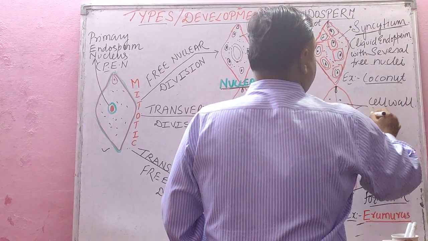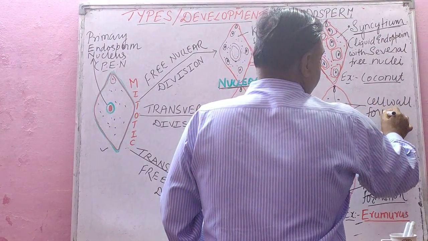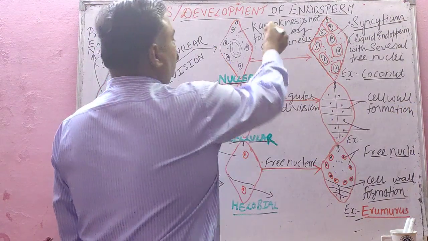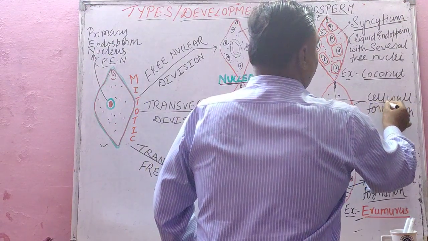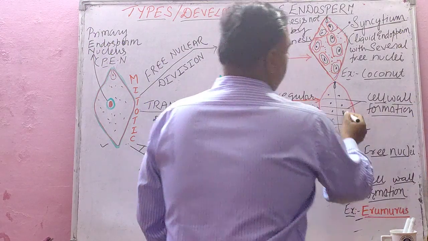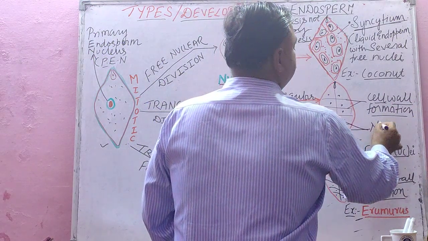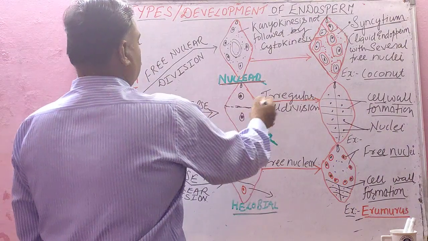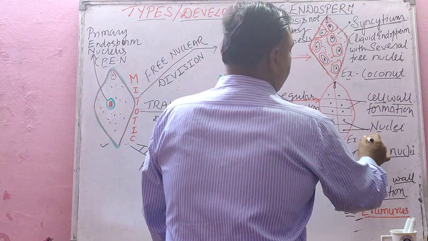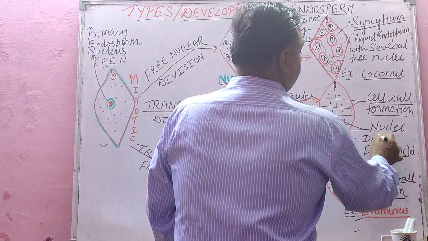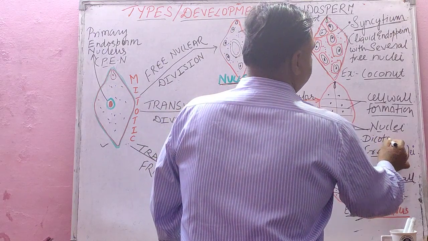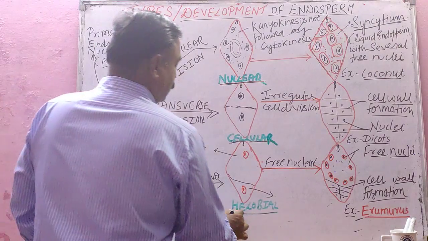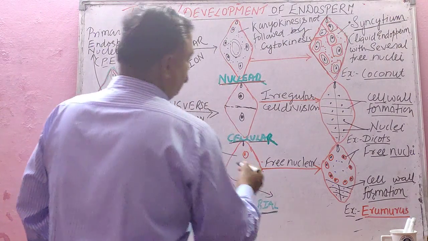Cell wall formation occurs. This is the main difference between cellular and free nuclear, that here cell wall formation is observed and all these are nuclei. The best example of this cellular is dicotyledons. It occurs in dicots, isn't it?